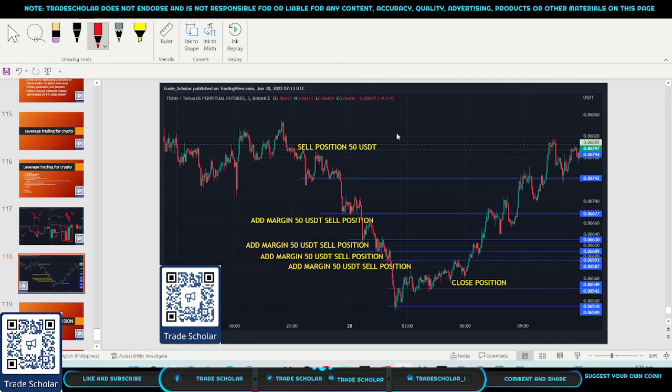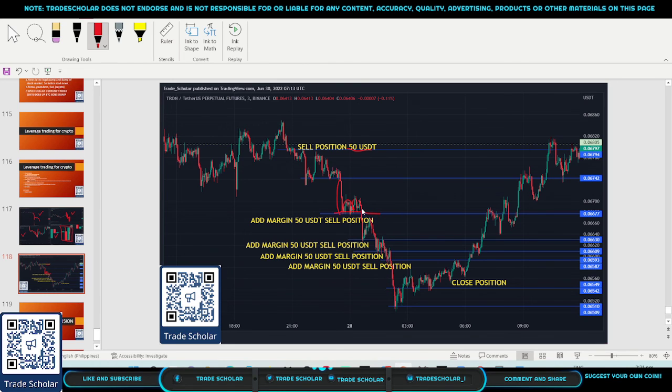Okay? So you have, for example, a $50 position. Okay? And now you have a drop. So if you see a drop and then you find a resistance, consolidation, others call it order block, others call it box. Okay, so there is a consolidation area, but we'll call it a resistance or support.